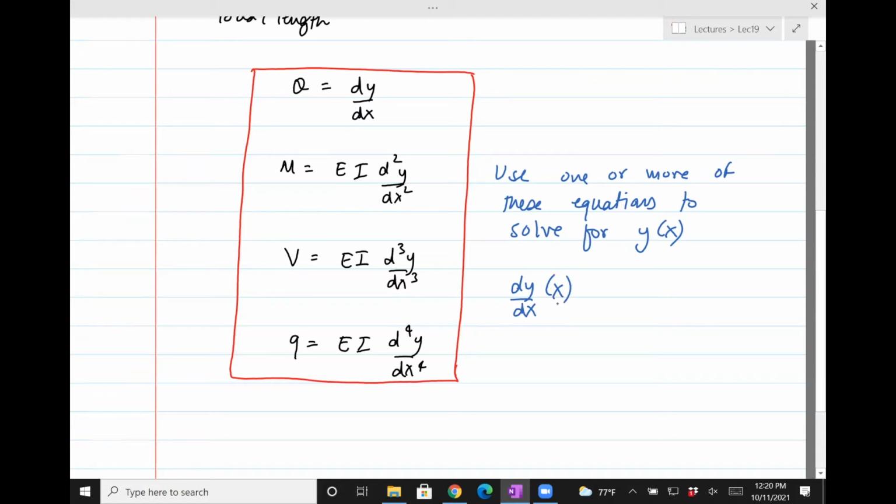So that's the slope. Okay, so let's do a few problems on how to apply these formulas.